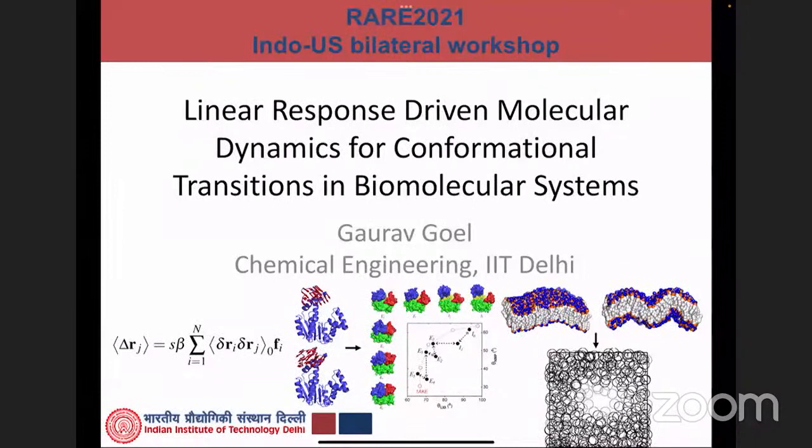We also show that we can use the knowledge of these intermediates which we are identifying on the transition pathway to build the free energy paths using, for example, path metadynamics. So that's the broad theme. In terms of the two broad applications I'm going to discuss today, one would be protein conformational change on ligand binding, and another would be transient pore formation in a lipid bilayer.